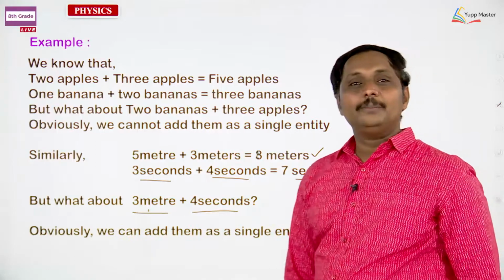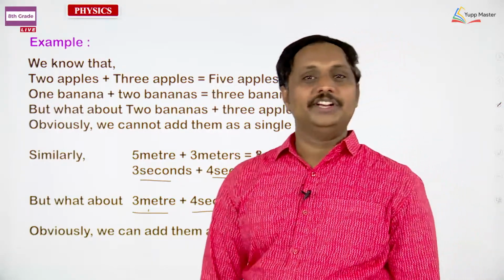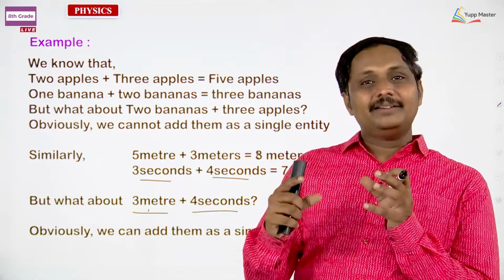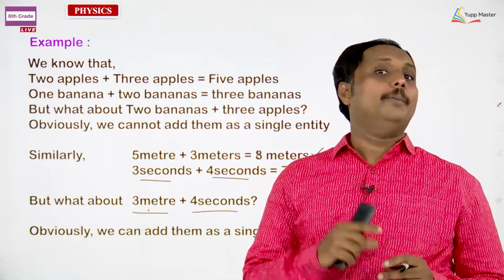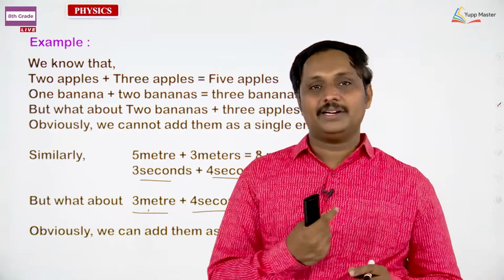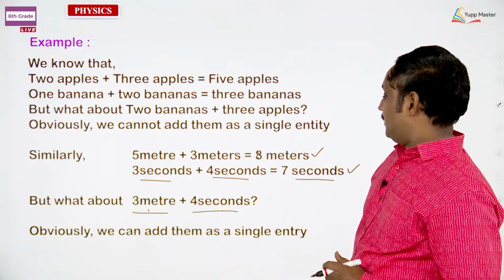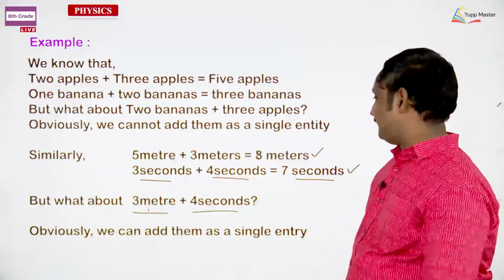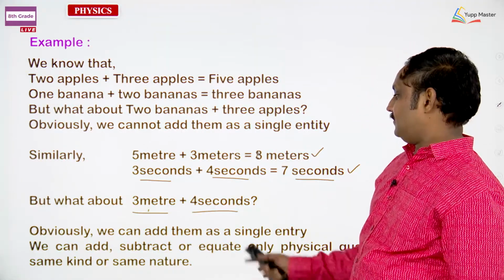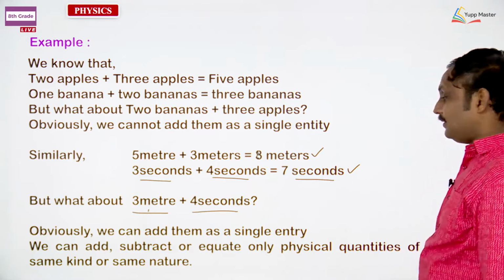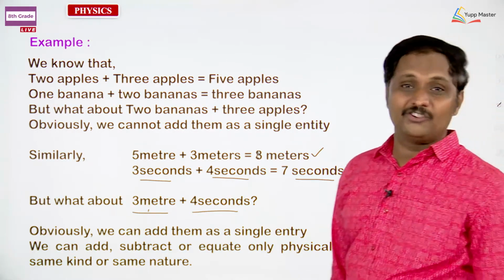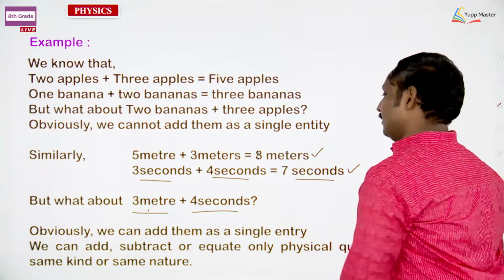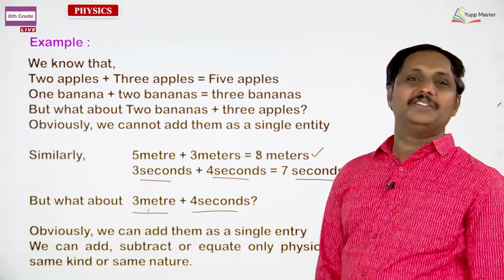That is called the principle of homogeneity. The same kind of operation applies to all. Obviously we can add them as a single entity. We can add, and we can also subtract. We can equate any physical quantities of the same kind or same nature, it is very clear.